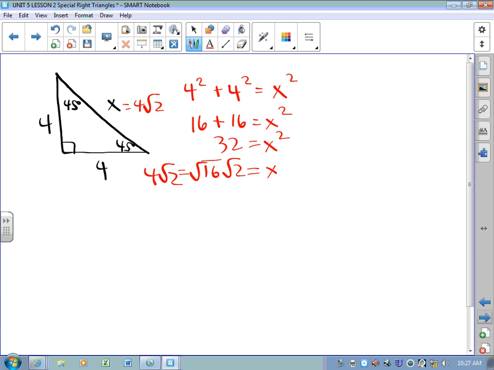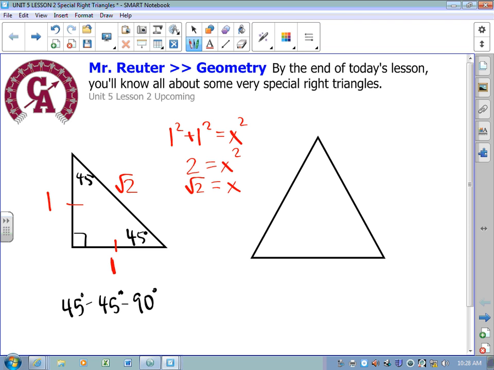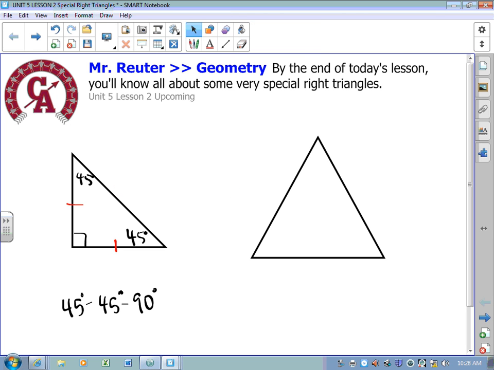If the legs were 7 and 7, the hypotenuse would probably turn out to be 7 radical 2. And that is in fact the case. So much so that if the legs are x and x, the hypotenuse is x radical 2.